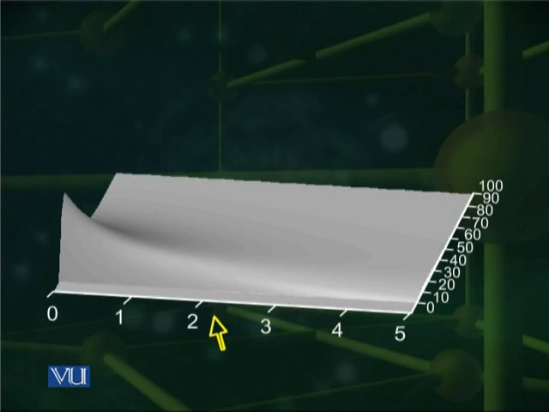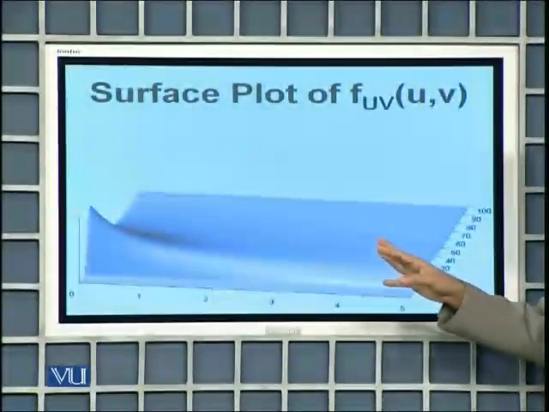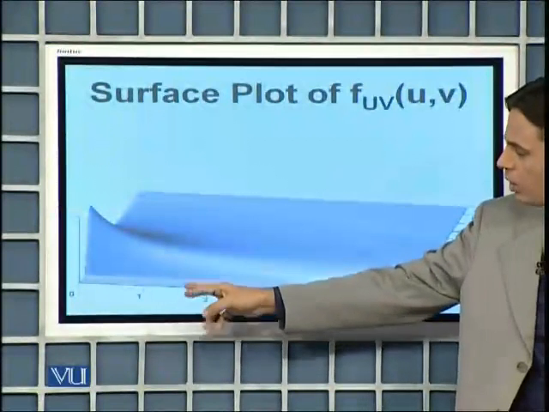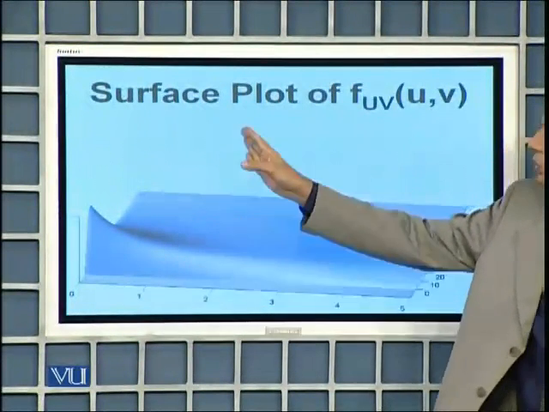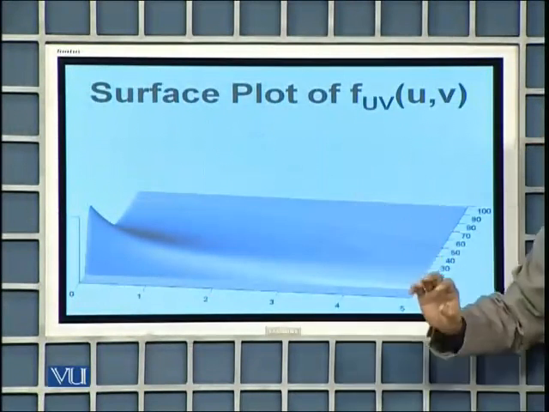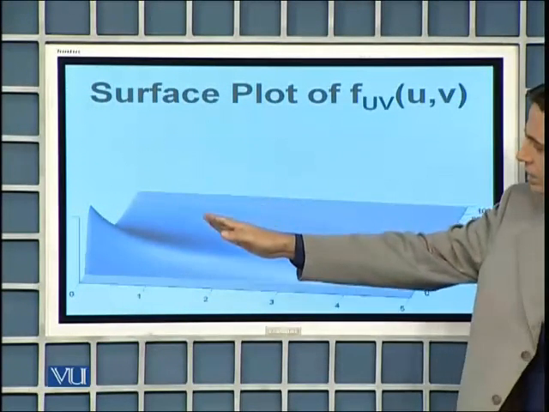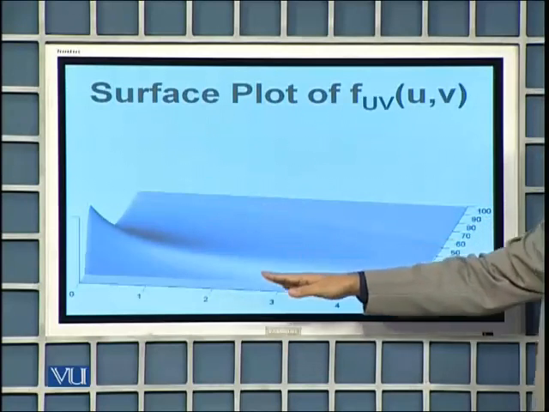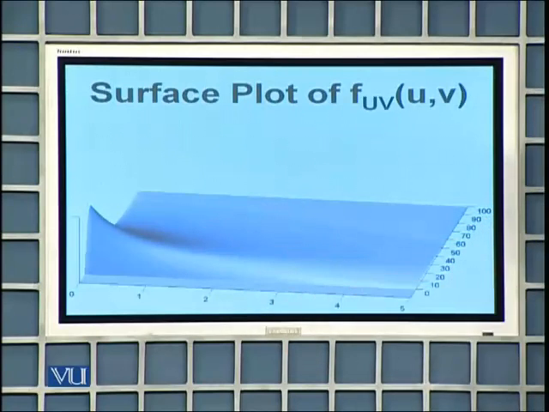This is the u-axis, and only a region of 0 to 5 is used in this sketch, and this is the v-axis, the sum of service times, where values from 0 to 100 are used in this sketch. The general shape is like this: for small values of u, as we move along the v-axis, there is a hill and then it slopes away, and the height of this hill goes down as we take larger values of u.